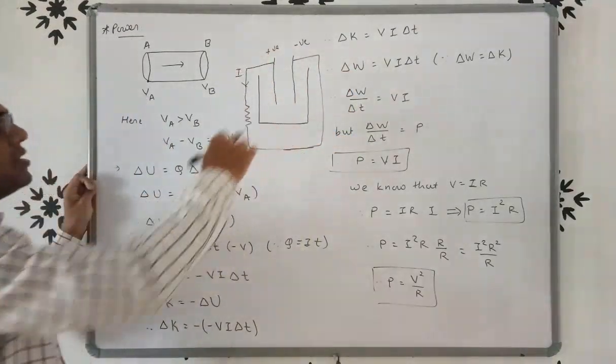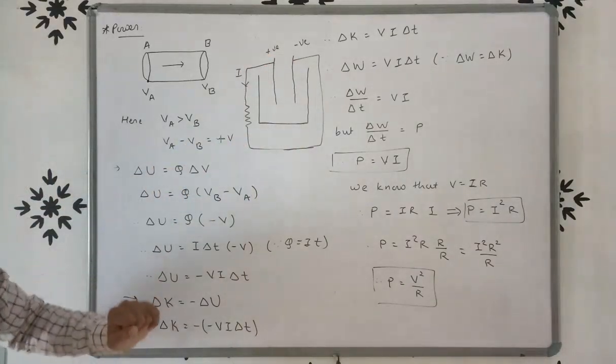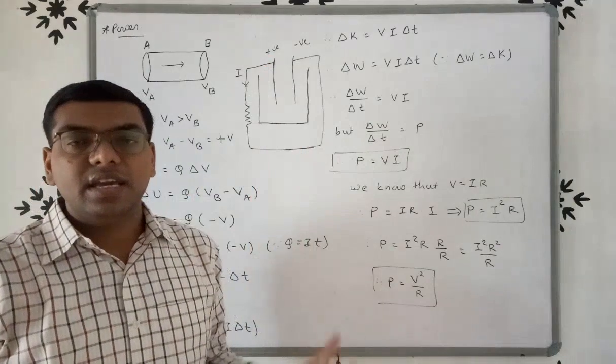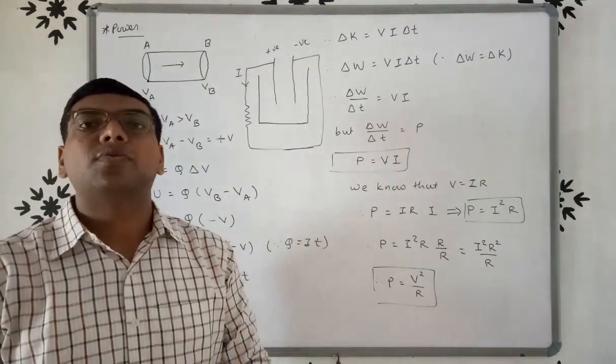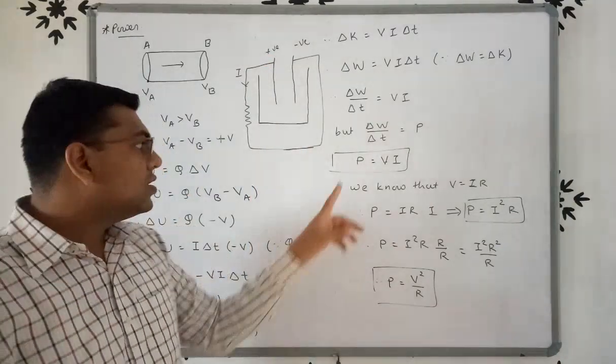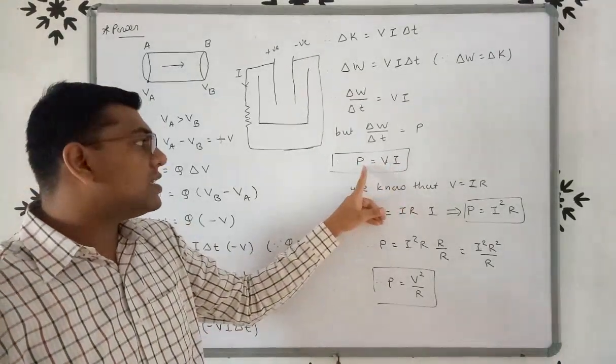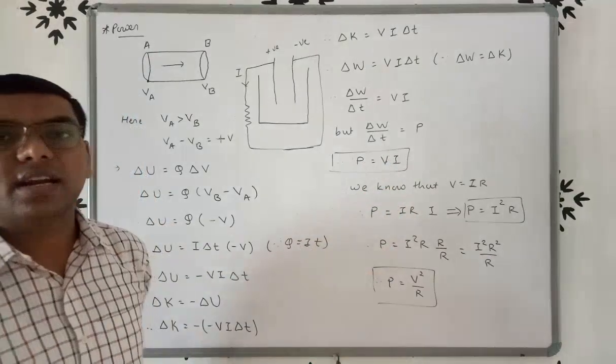As the current passes through this resistance R, there is a power loss. Here the power loss is in the form of heat, and how much? We know that P is equal to VI. So the power loss depends on voltage and current.